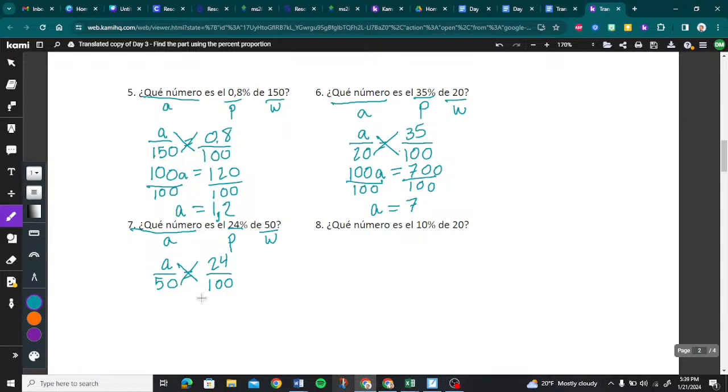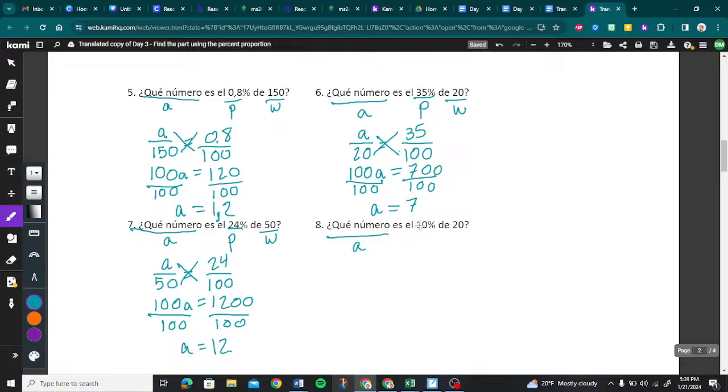We cross multiply. 100A equals 24 times 50 is 1,200. Divide both sides by 100, and that gives us la part es 12.